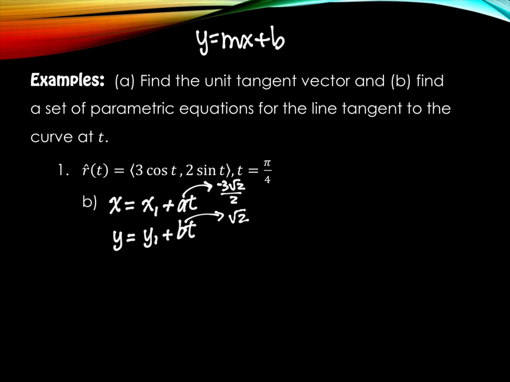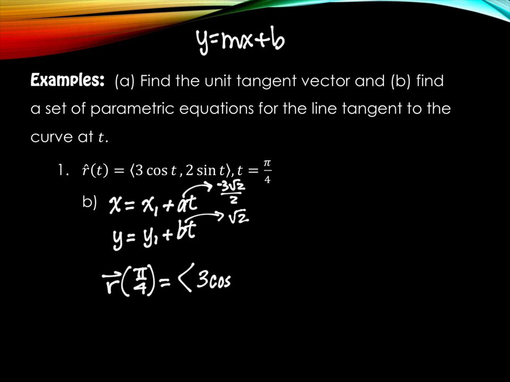We still need a point. Like we need an ordered pair. I need a location for an x1 and a y1 on this curve. And technically, I want to find it at that same point that I already have. My value is at pi over 4. Okay? So what we're going to do is we're going to actually find out what is r of pi over 4. Because that location provides us with a point on our curve. Correct? So we're going to put pi over 4 in for each of those values in the original vector valued function we have above.